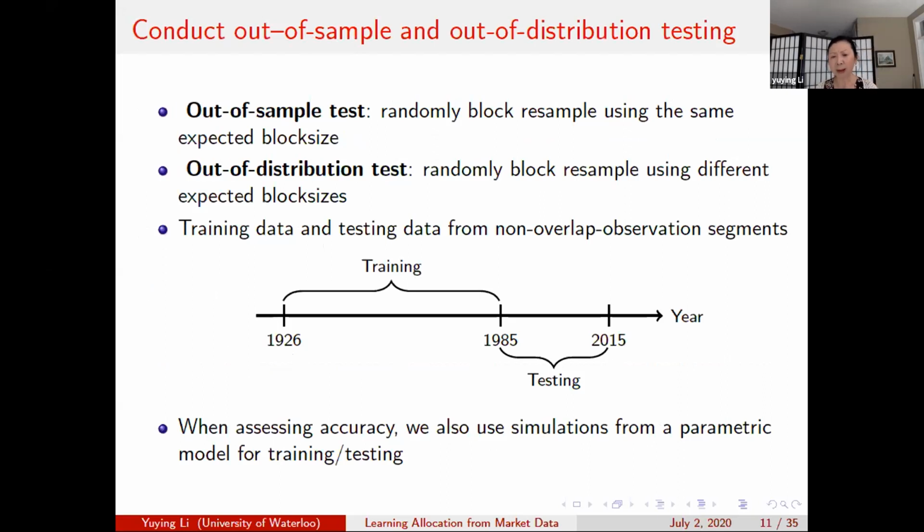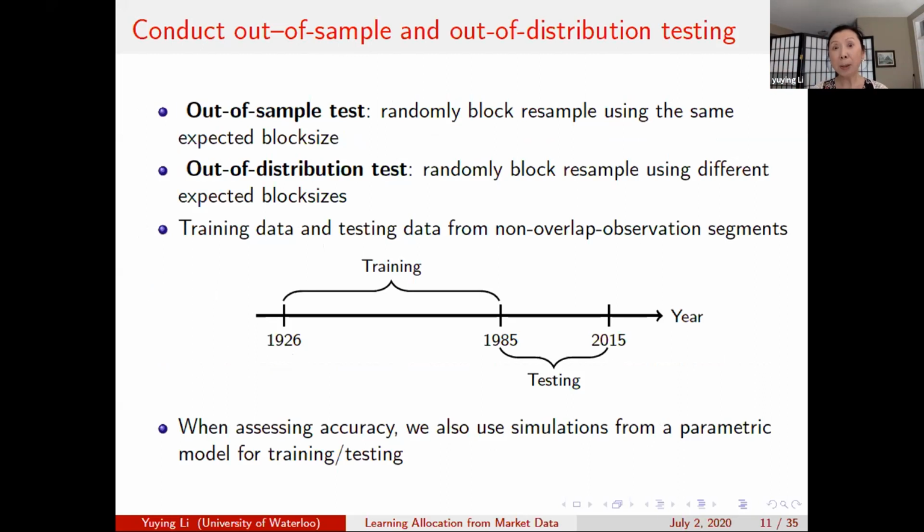Now, here we start from a sequence of market return observations. We did the block resampling and came up with 10,000, 100,000 market scenarios corresponding to my investment horizon. We specify some expected block size to do this, okay?